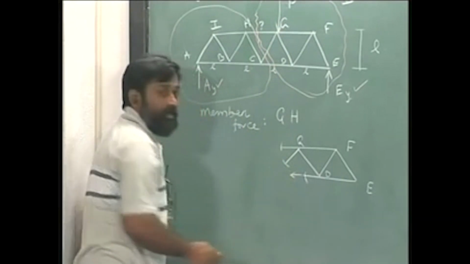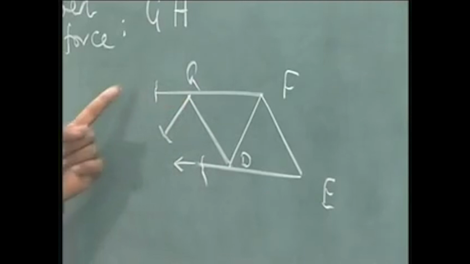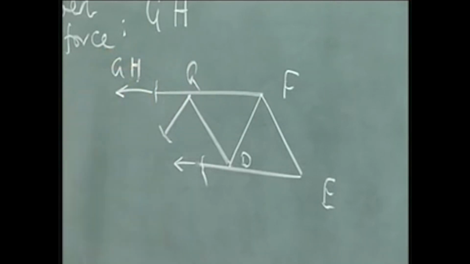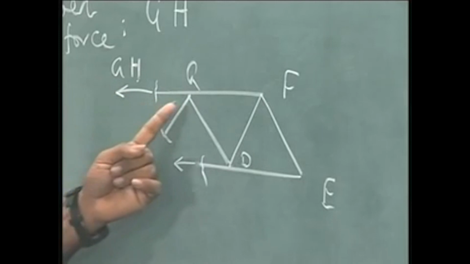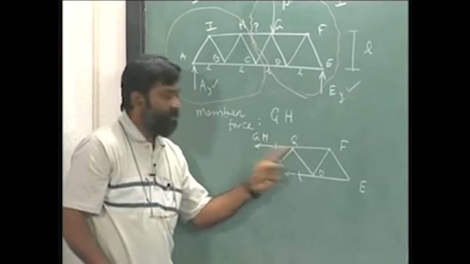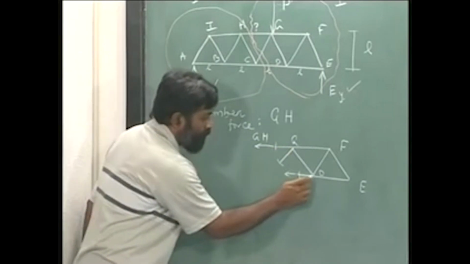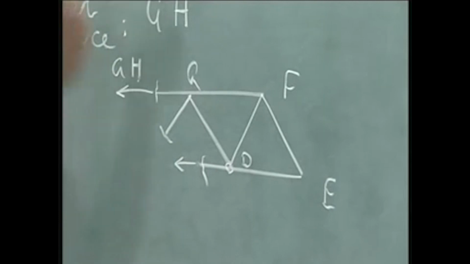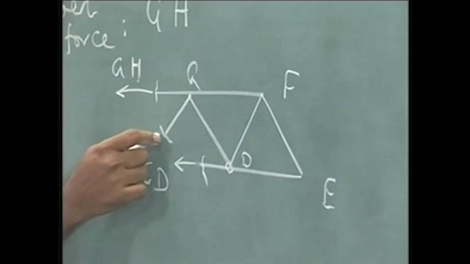So like before, let us just represent the forces because of this sectioning. GH will act like this. How do I know it acts like this? I will take the force to be emanating from the joint G. Similarly for this, the force is emanating from D. Okay, so I am going to call this as CD, and this is CG, force CG is acting on this.